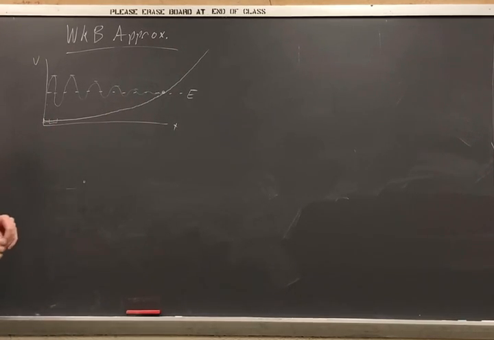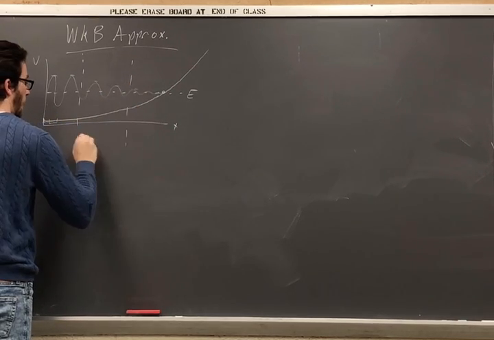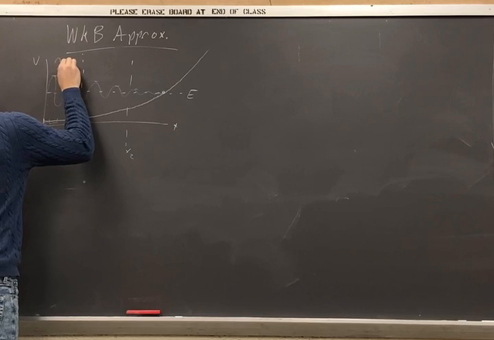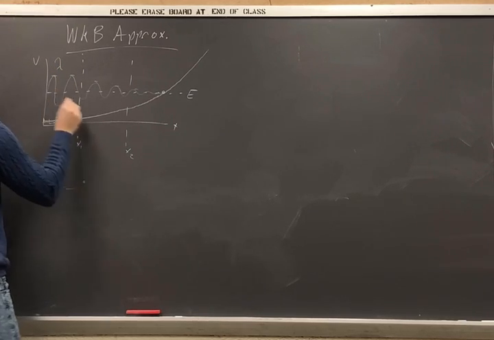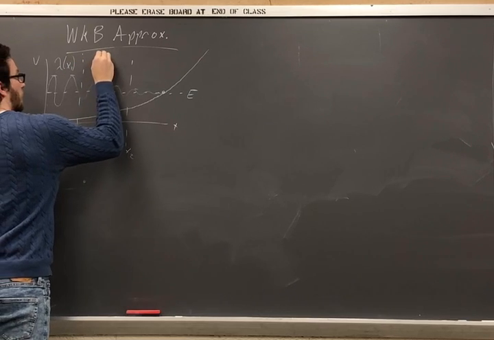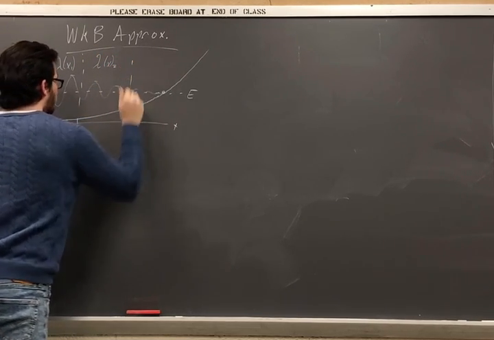Now we can see that here, like x1 and x2, we have different lambdas, right? We have also different wavelengths, right? We kind of lengthen. So we have x1 here and then lambda of x2, maybe here.